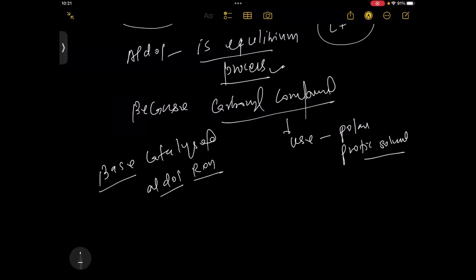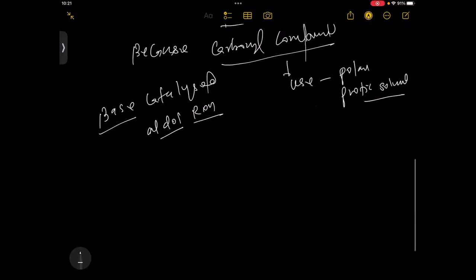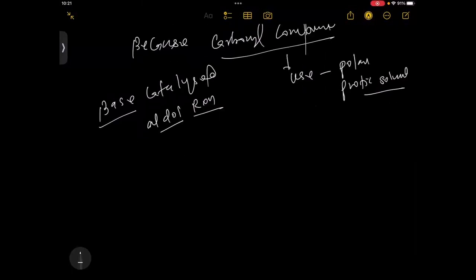For better understanding, we will understand the acid catalyzed aldol reaction too today, so that when you understand the acid catalyzed aldol reaction, your concept will be 100% clear on the aldol condensation reactions. Now we talk about the base catalyzed aldol reaction.